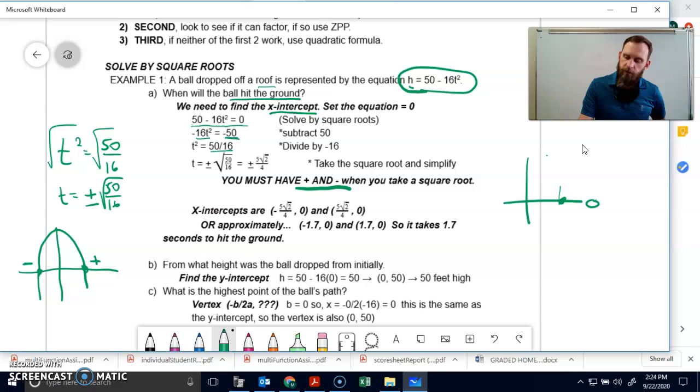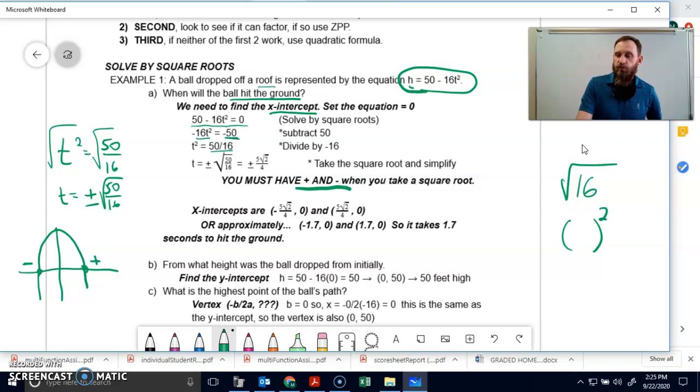Another quick explanation of that, especially for those that are a little bit more mathematically inclined. You're going to need to know this for the future to continue on in math. Think about what the square root of 16 is. Square root of 16 means some number times itself, or squared, equals 16. So the square root of 16, it says, work backwards and figure out what this missing number is.